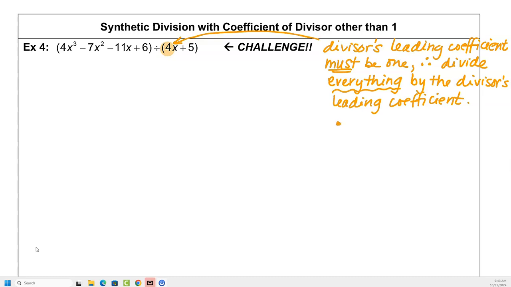Okay, so we're going to divide everything by 4. Divide everything in this problem now by 4.